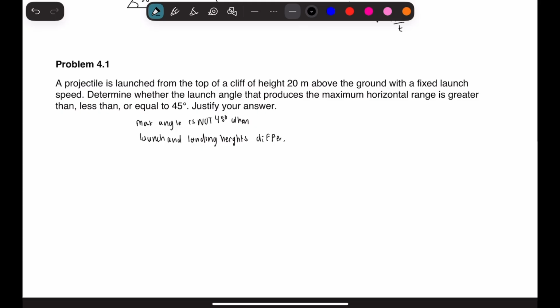And the correct condition is that tangent of theta is equal to v initial divided by the square root of v initial squared plus 2gh. So therefore, we can conclude that theta is less than 45 degrees.